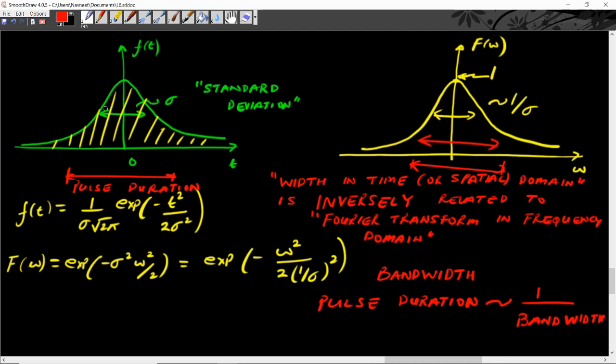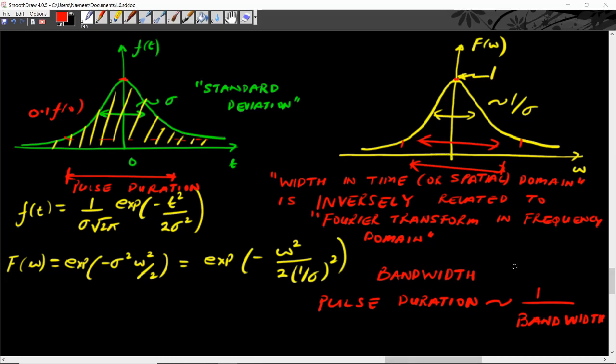That means the width over which this signal attains some particular value, let's say 0.1 times the peak value. Similarly, over here we can define bandwidth something like the values of frequency for which the magnitude of the Fourier transform is 0.1 times the peak value.